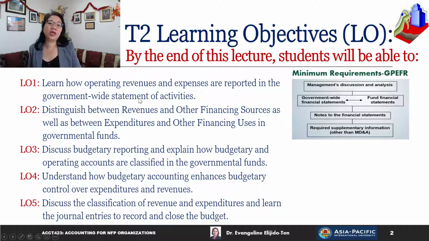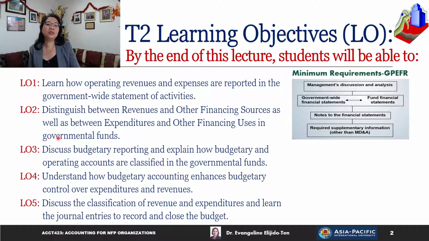So, learning objective 1 pertains to the government-wide financial statements, whereas the other 4 learning objectives, from learning objective 2 to learning objective 5, will actually pertain to fund financial statements, in particular governmental funds.